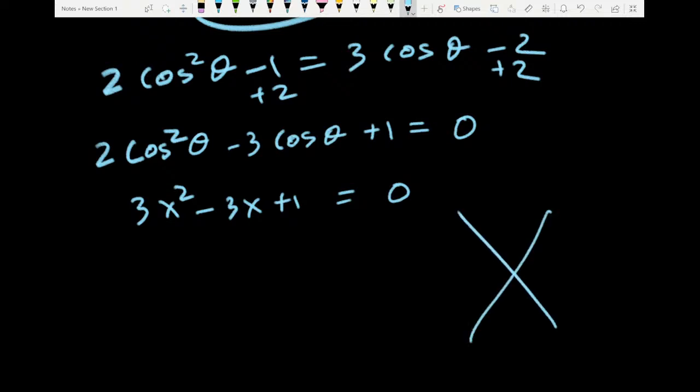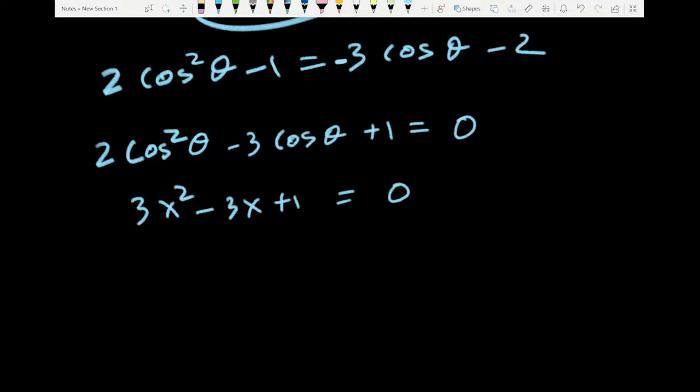If I would do negative 3 and 3... this might be a different one. Make sure I wrote down the question correctly. Oh, it's negative 3 cosine of theta minus 2.